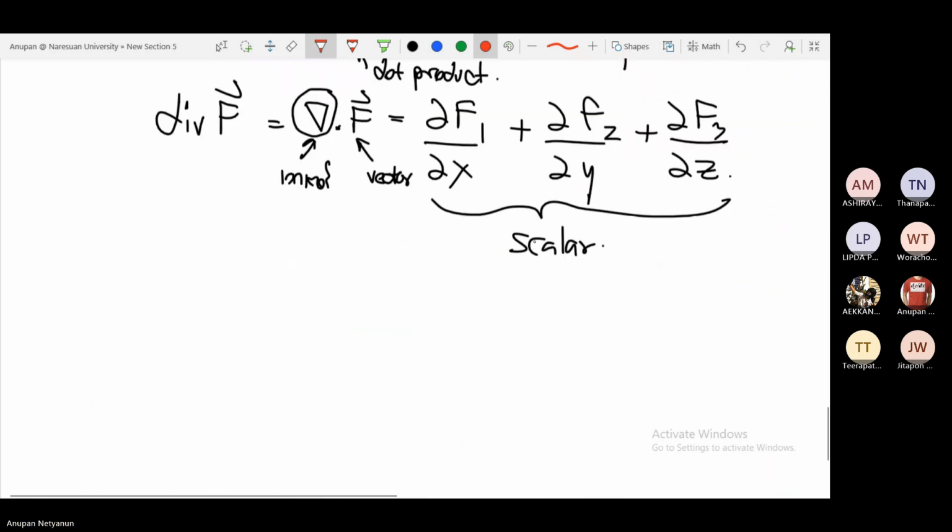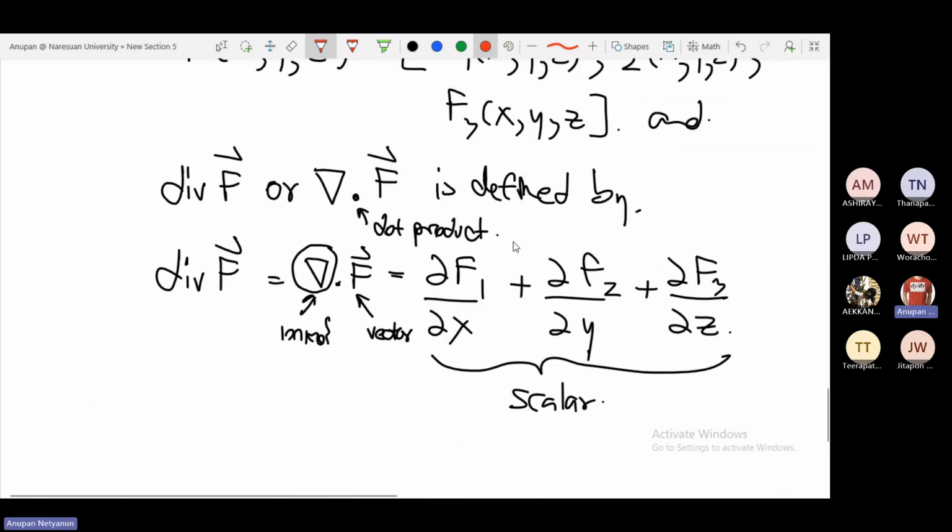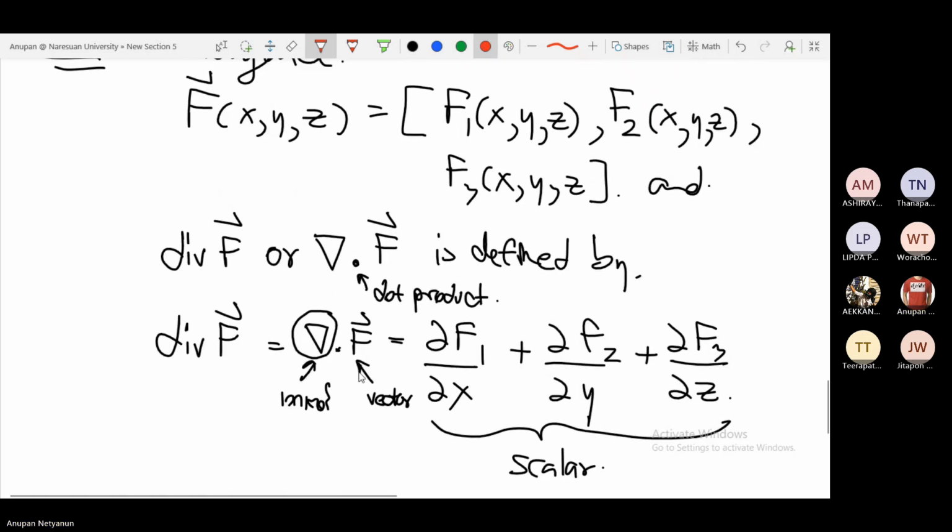Hence, for this definition, this vector is F1, F2, F3.